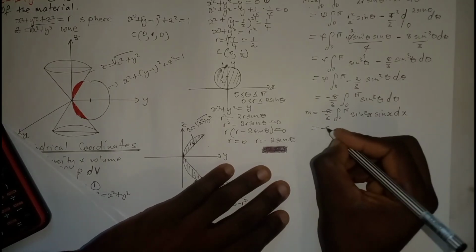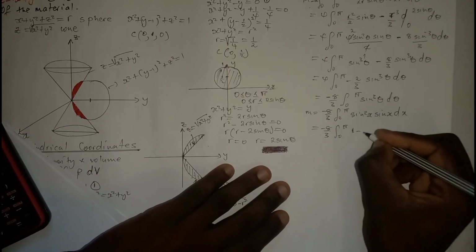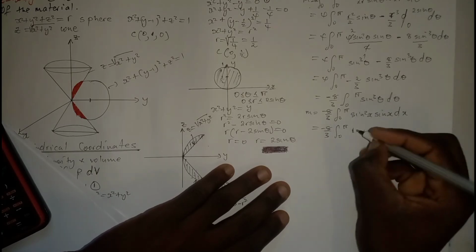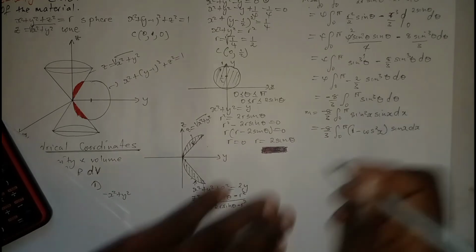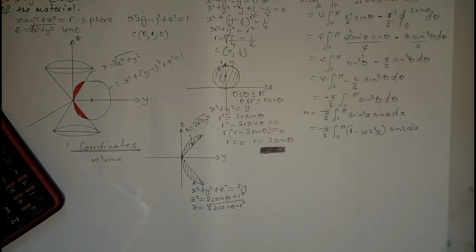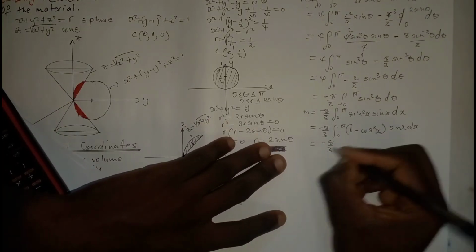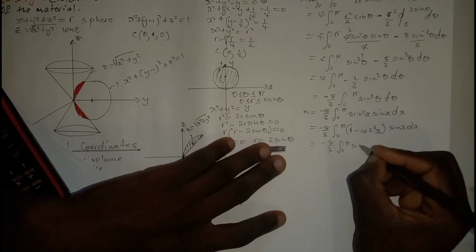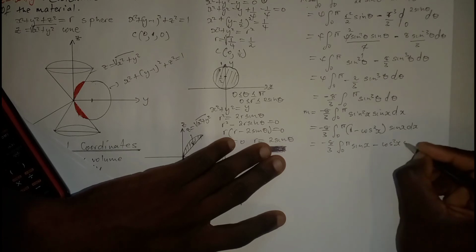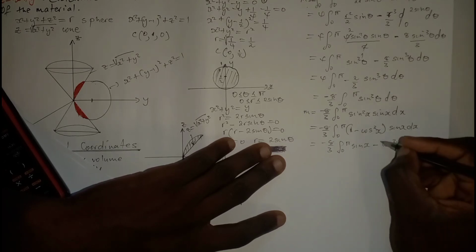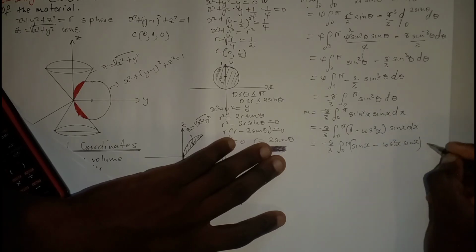Okay, so we have negative 8/3 from 0 to pi, and sine squared theta is the same as 1 minus cos squared x, times sine x dx. And we're going to split this into negative 8/3 from 0 to pi of sine x minus cos squared x sine x, and this one's going to be the integral dx.